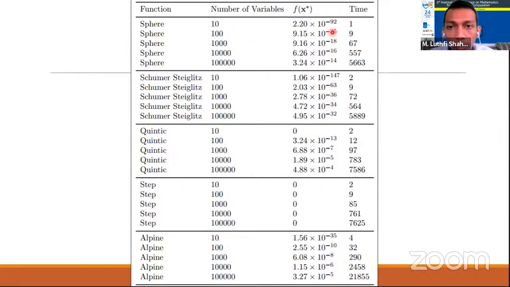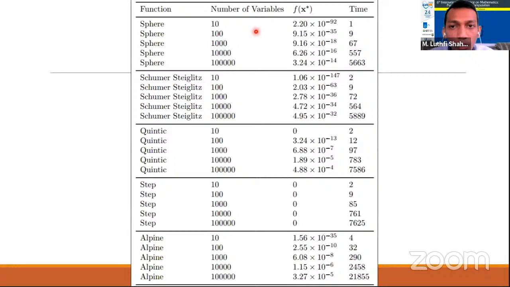And we do not compare it with other algorithms, because almost all other papers just use 1,000 or maybe 10,000 variables. So we don't compare it with other algorithms.